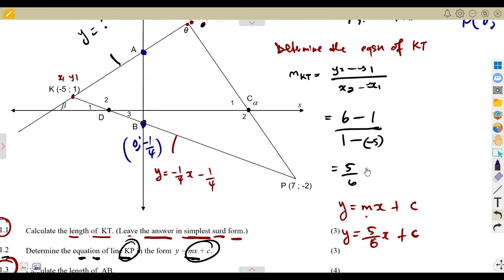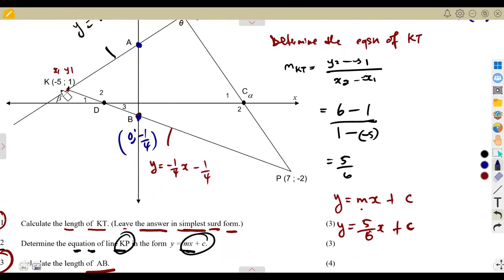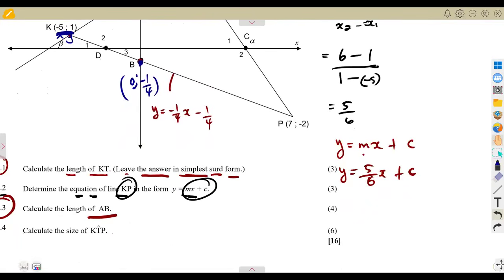Substituting any of the given points on this line, we can just take the point K. x is minus 5, where y is 1. So y is 1 when x is minus 5, plus c.